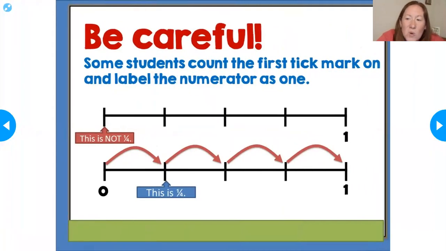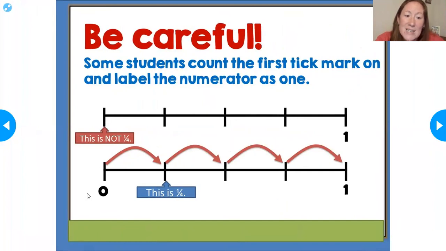So just a little note, something that we need to be careful of. I've talked each time that I have labeled each number line that you're counting the spaces between the tick marks when you're labeling your fractions. Count the spaces to label it, because if you count the tick marks, oftentimes, friends, people want to count and start here. Well, this is not 1/4.